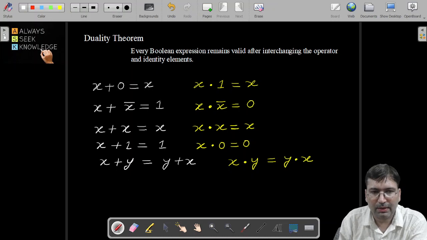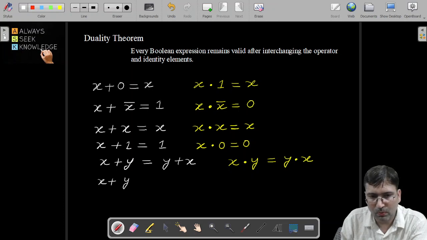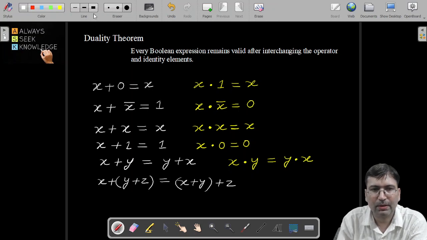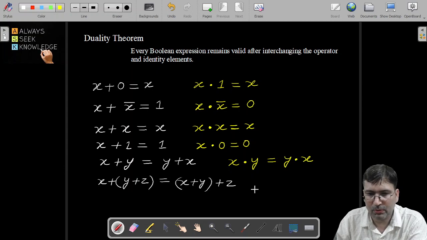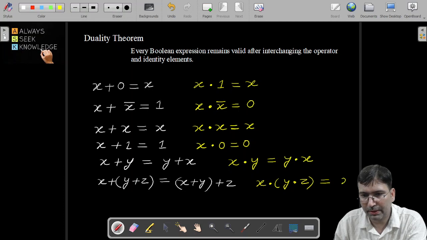Now if we have the associative property, x or (y or z) is equal to (x or y) or z. If we write the dual form for this, it will be written as x dot (y dot z) equals (x dot y) dot z, and it is also valid, right?